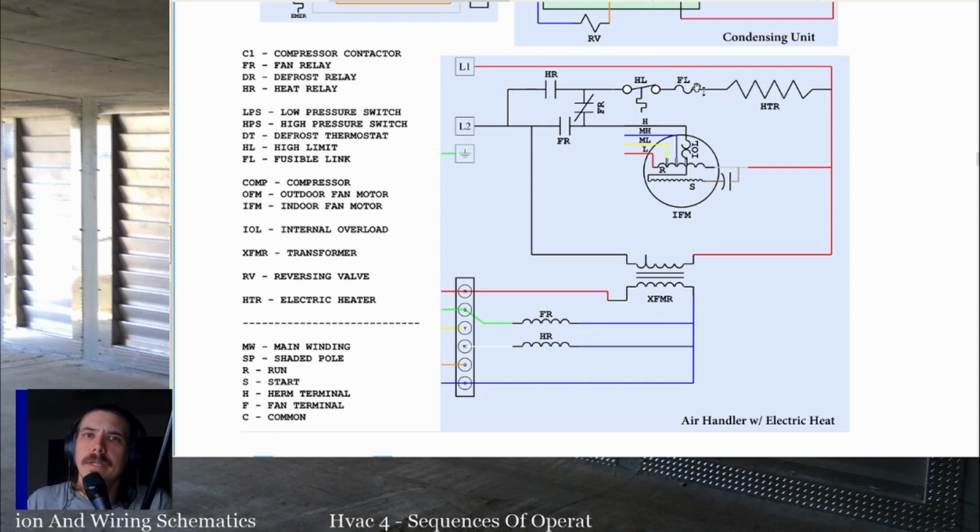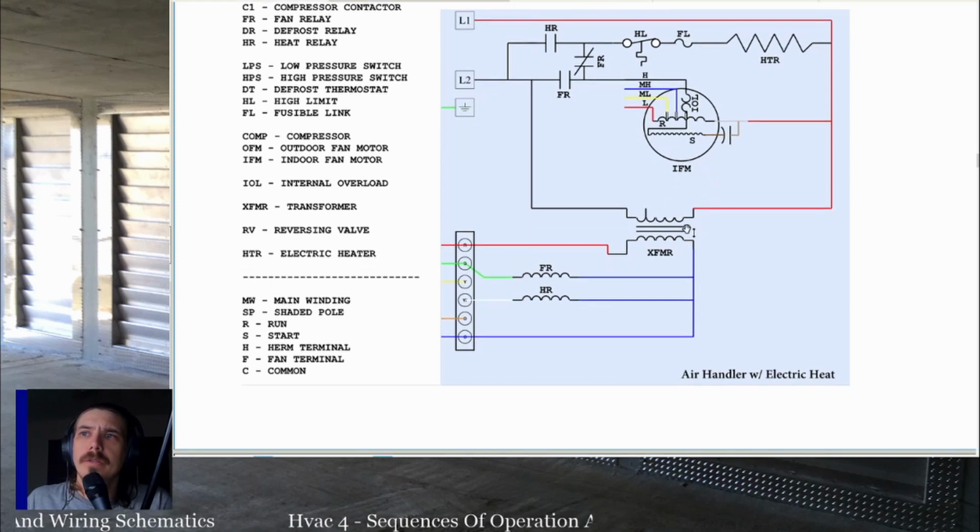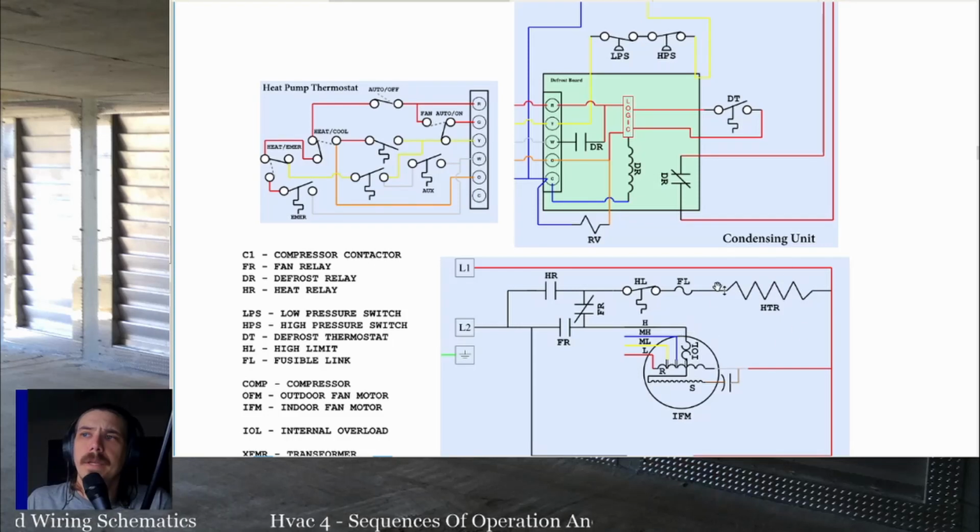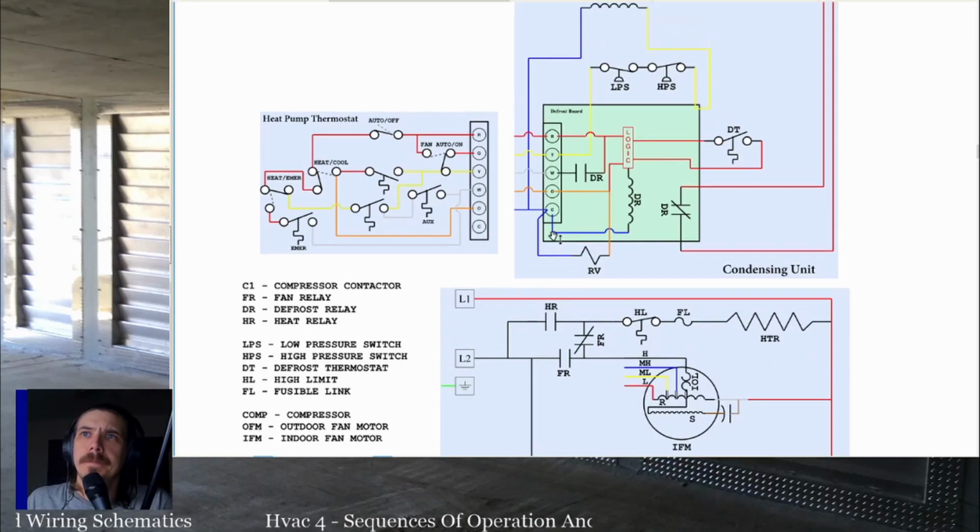The fusible link is generally a piece of metal made to melt at a particular temperature, and once that breaks, the heater has to be replaced, or the fusible link has to be replaced. We have our indoor fan motor here, which is of the same design as in our other air handler. Transformer, fan relay coil, heater relay coil, wires out to the thermostat. Oh, and the heater element right there.